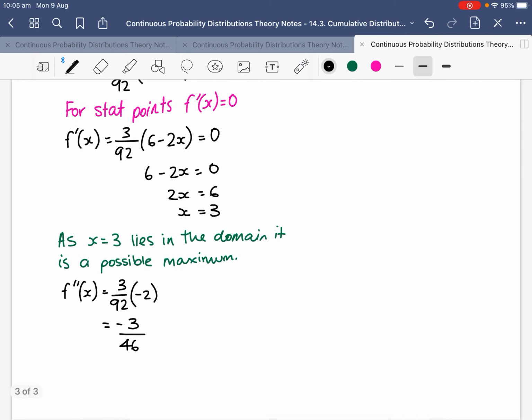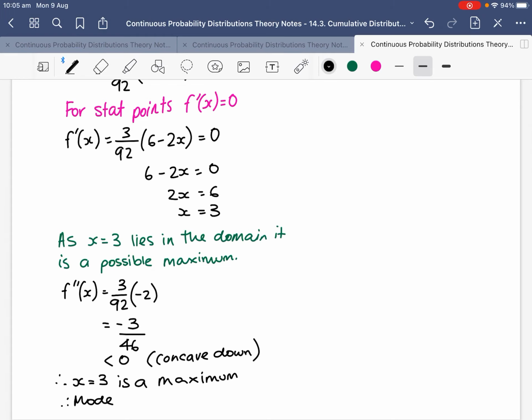And so because it's less than 0, concave down, therefore x equals 3 is a maximum. Therefore, the mode equals 3 for this continuous probability distribution.